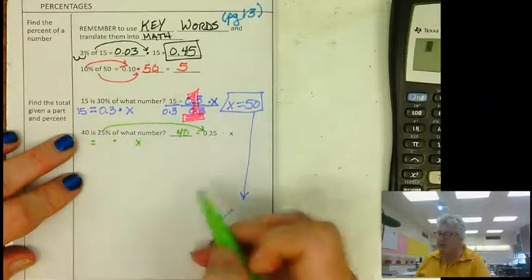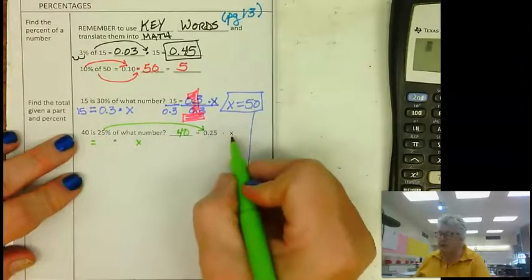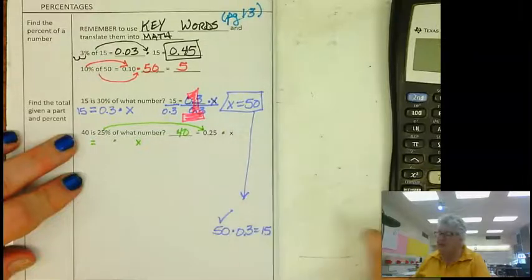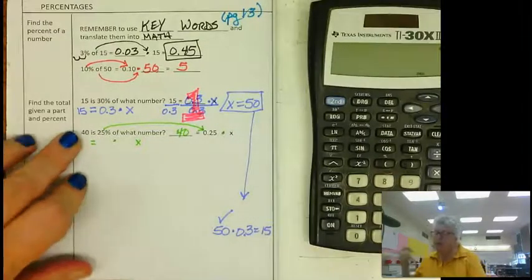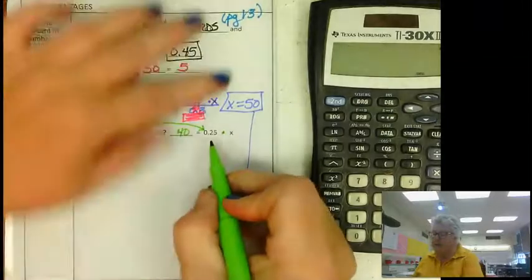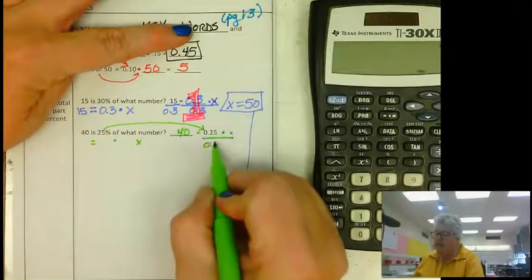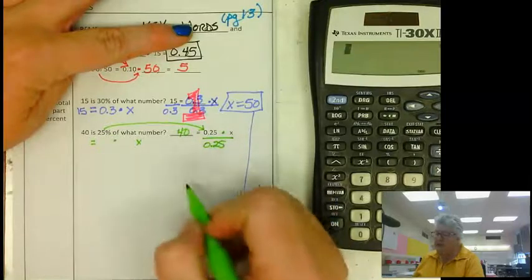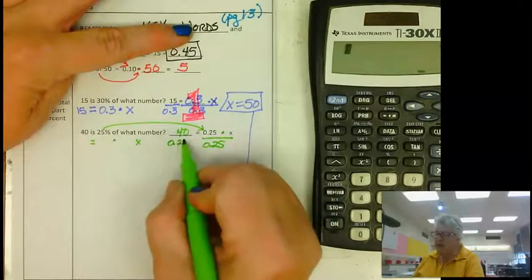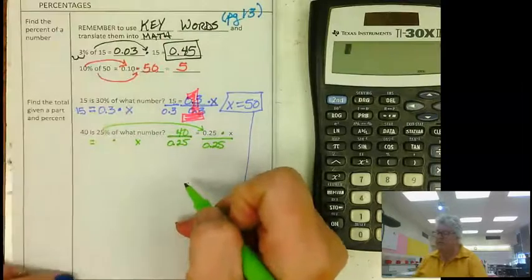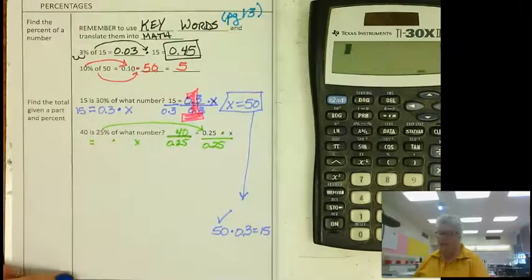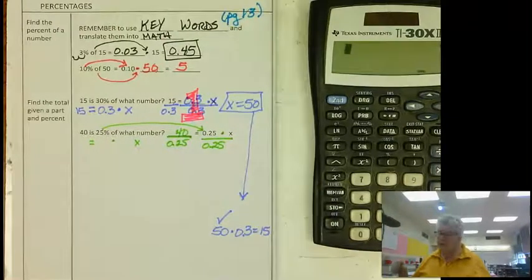Because we had to move our decimal point, of what number? So again, we're going to do backwards. If this is times 25%, we're going to divide by 25%. And over here, we're going to divide by 25%.